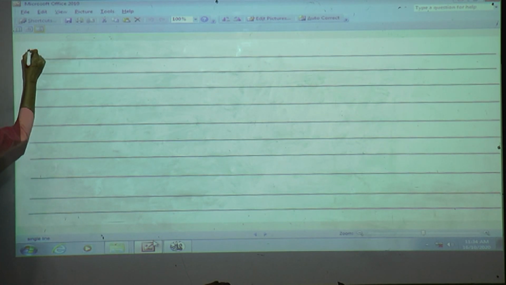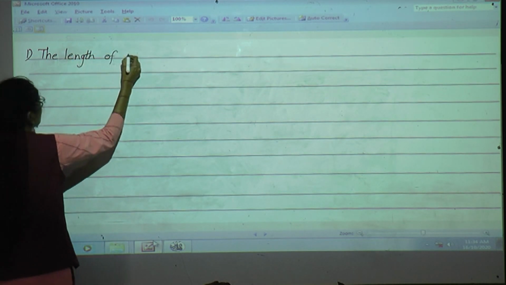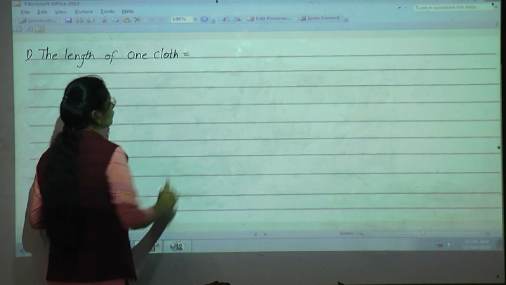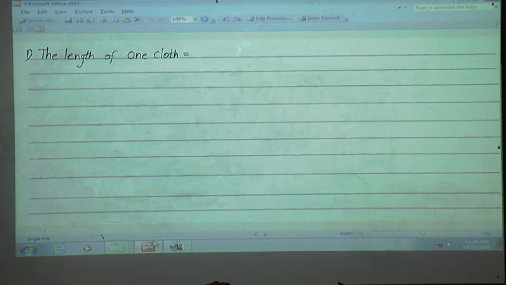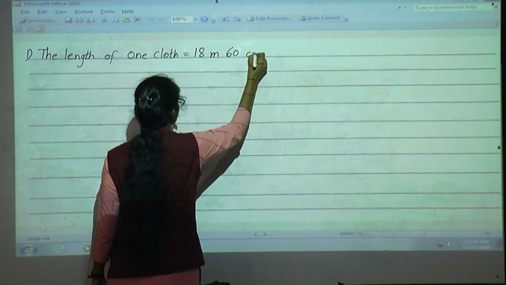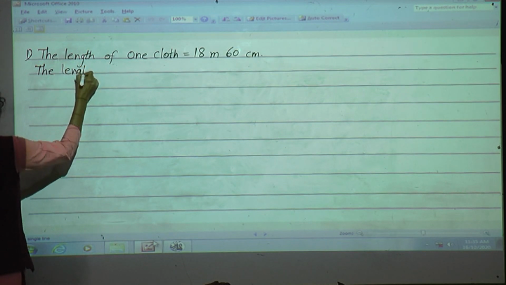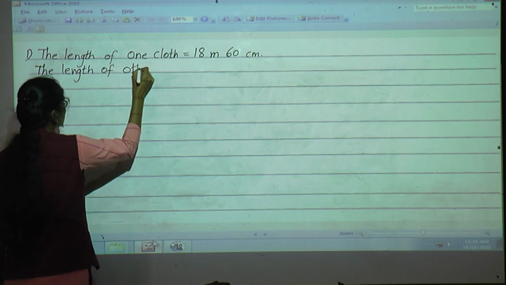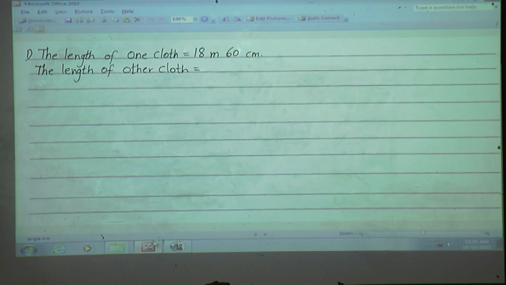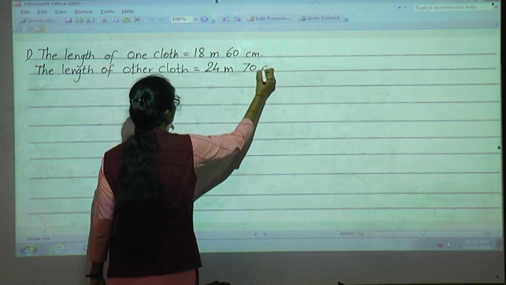Here we'll write, length of one cloth is equal to, what was the length of the first cloth or one cloth? 18 meter 60 centimeter, and the length of the other cloth is 24 meter and 70 centimeter.